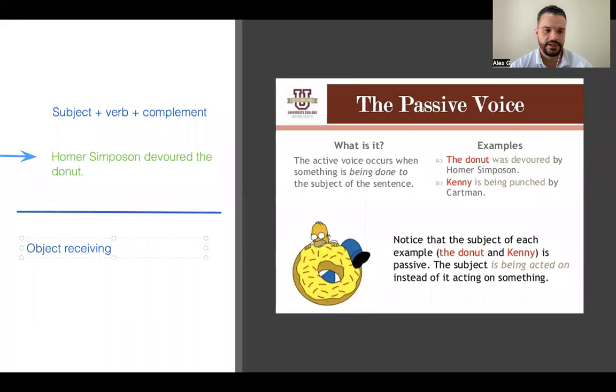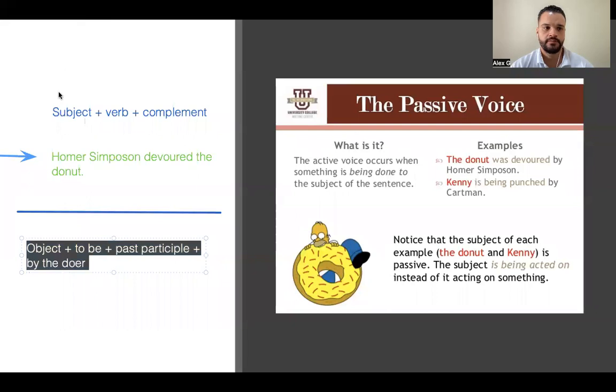So this is the object receiving the action plus the verb to be plus the past participle of the verb. And then if we want, we can use by the doer of the action, right? And that's exactly what we have over here, right? This is the passive voice. So this is the structure for the passive voice.